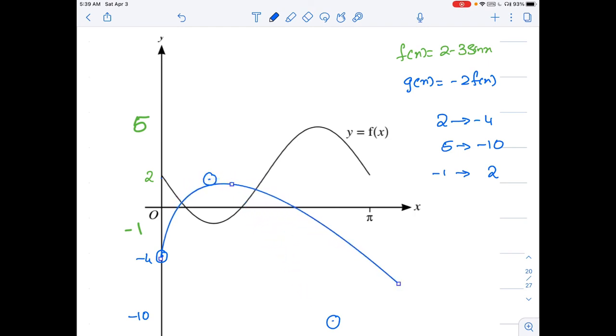But when I'm joining, I should see that it passes through the same points on the x-axis, more or less. Still it is not passing. Let me give one more try. No, it's still not. Okay, it looks almost okay.